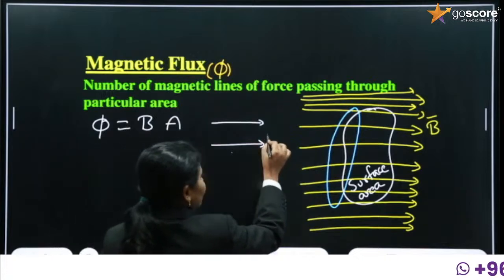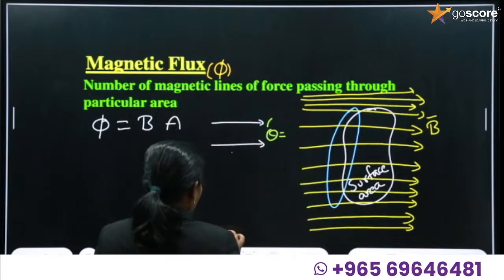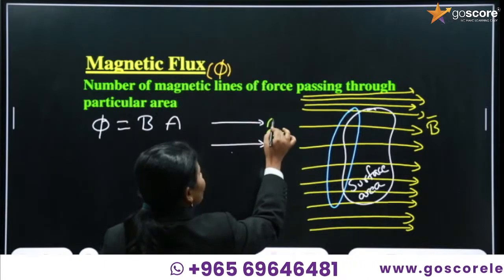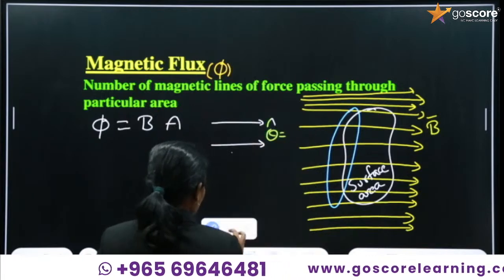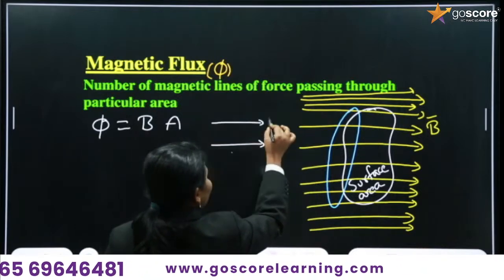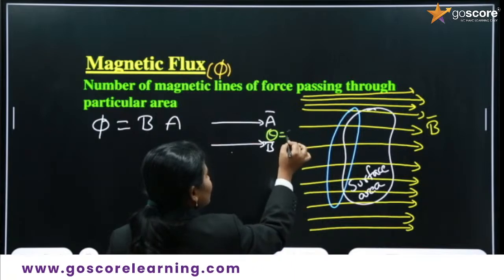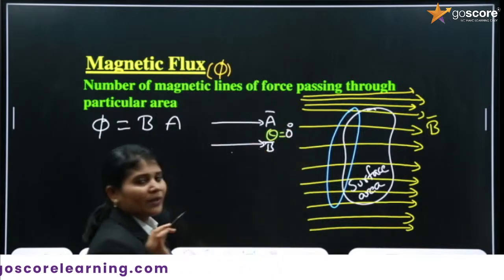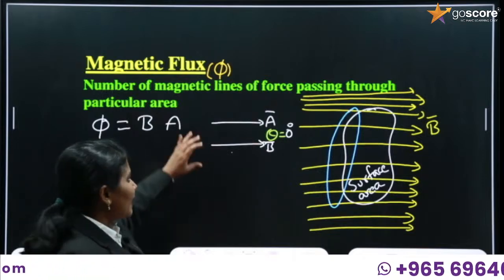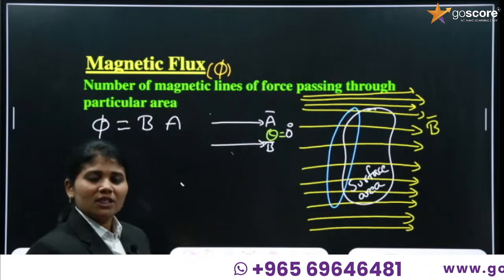Then what is the angle between the surface area and magnetic field? Theta is equal to 0 degrees.